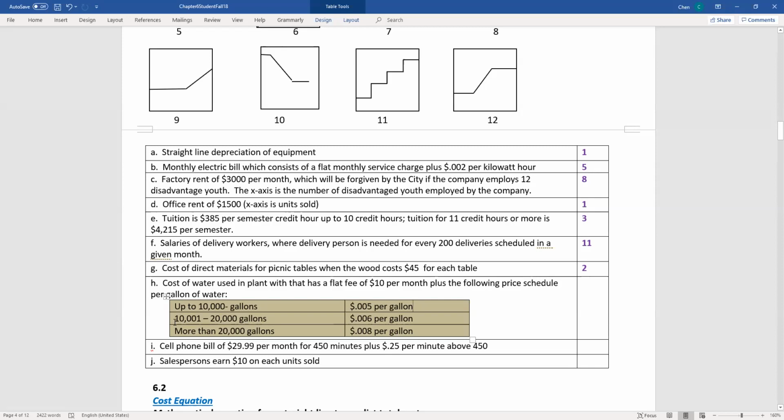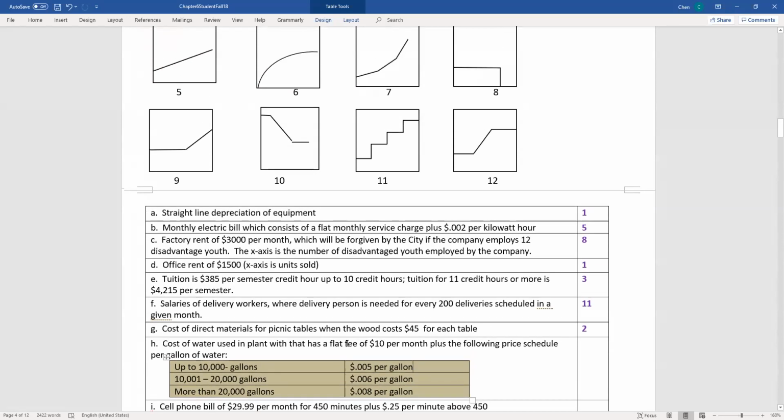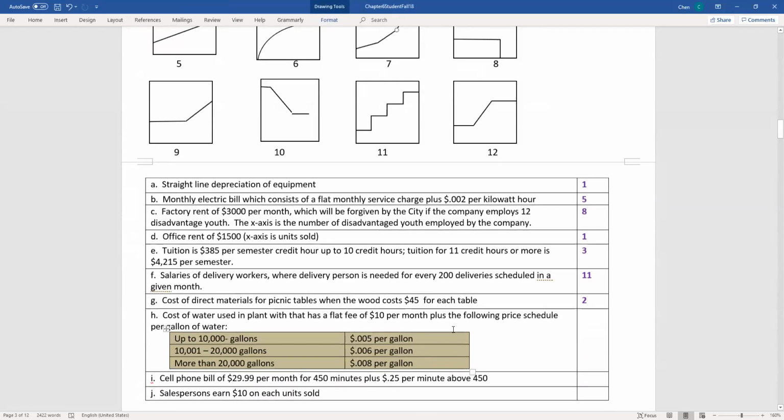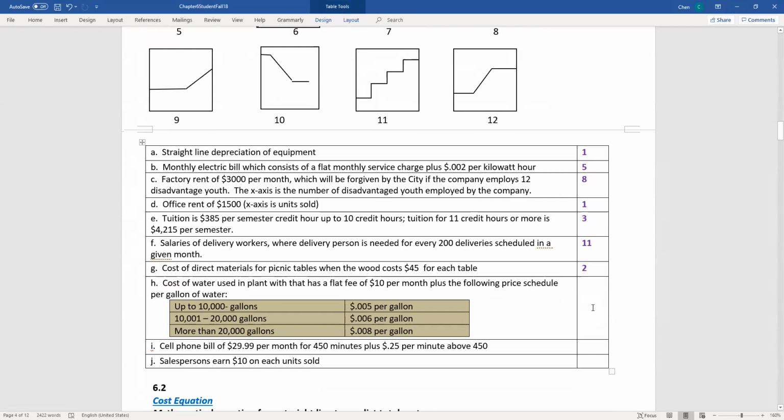But if it exceeds 10,000 until 20,000, it is 0.6 cents. So that means the rate is increasing, and also a step cost. So if you look at that, we can see that number 7, the slope is increasing. Okay, so this one should be 7.